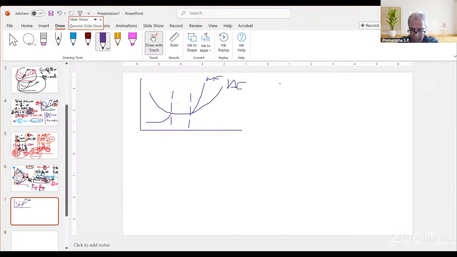We must understand the output elasticity. In case of two variables, first we get the labor output elasticity, and the capital.